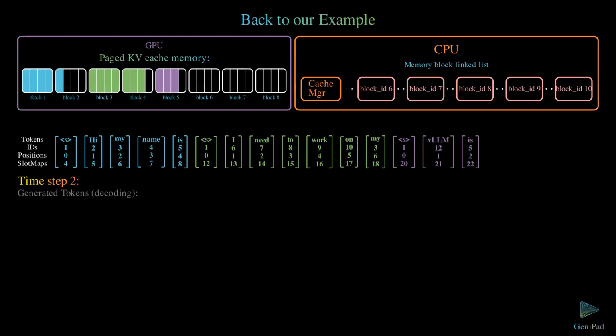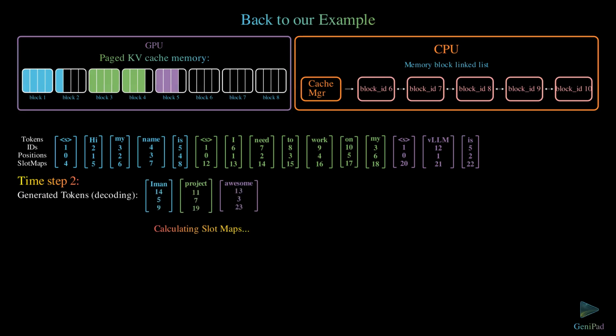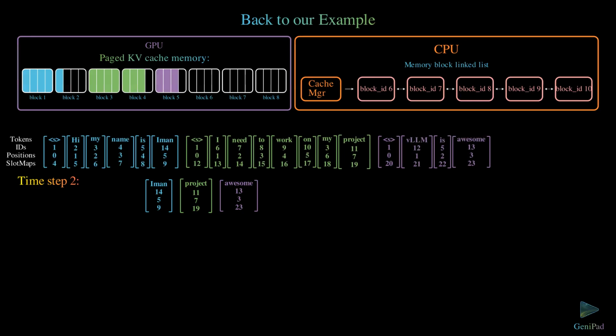After one step in the model executor, suppose it generates 3 new tokens, 1 for each prompt. As before, the slots for new tokens are calculated. Then they will be added to the continuous batch in their correct places. And their corresponding GPU blocks are updated accordingly.